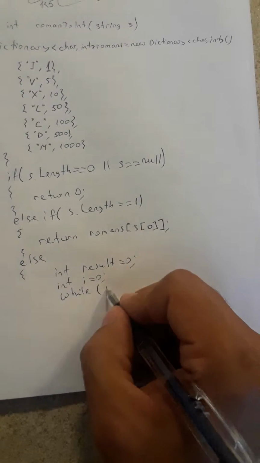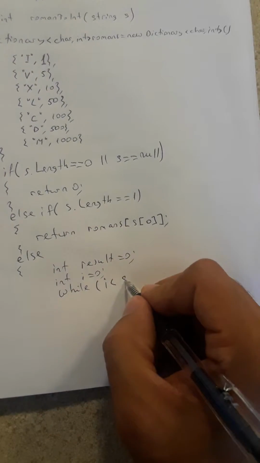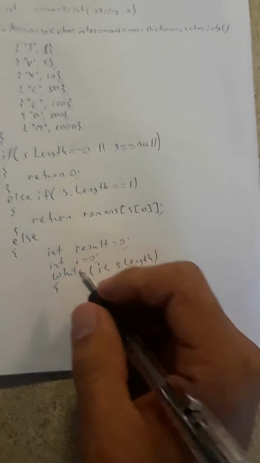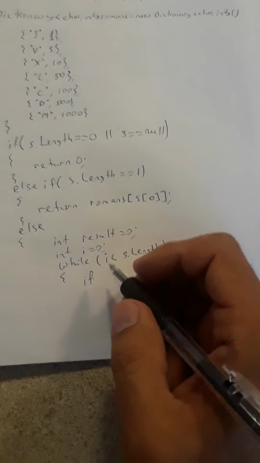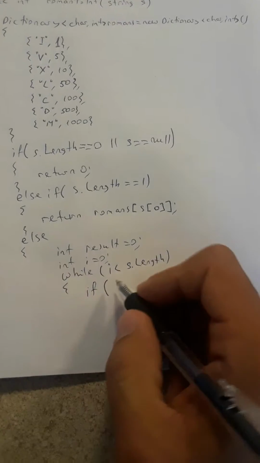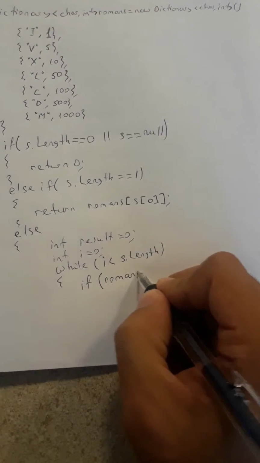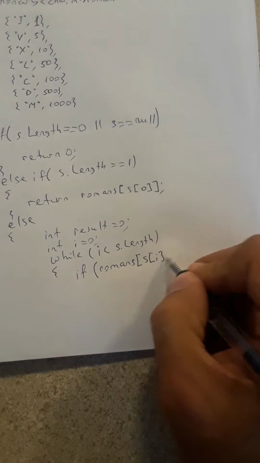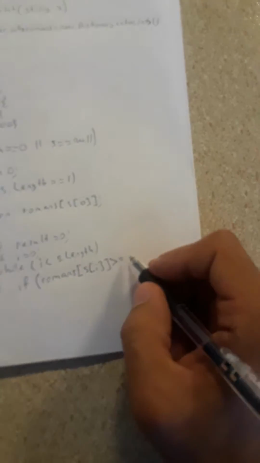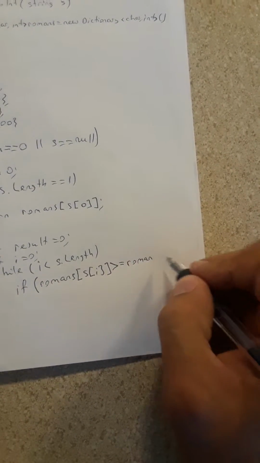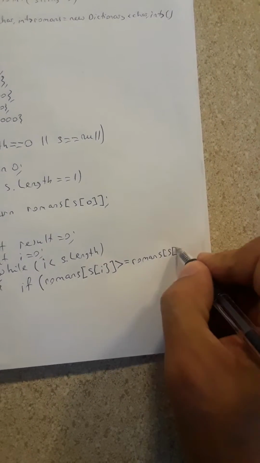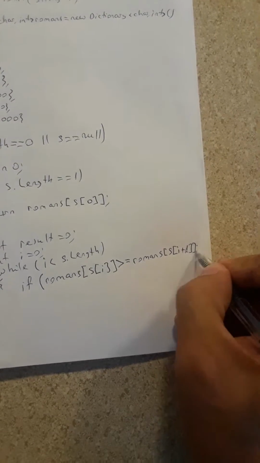So while our I is less than the length of the input string, we'll keep running our while loop, and once we go into our while loop, we'll always check if our current character in S is greater or equal to the next character at S of I plus 1.